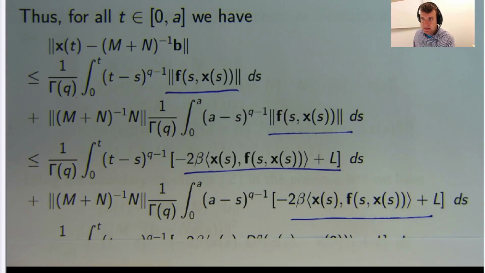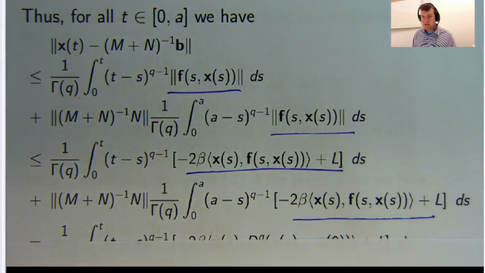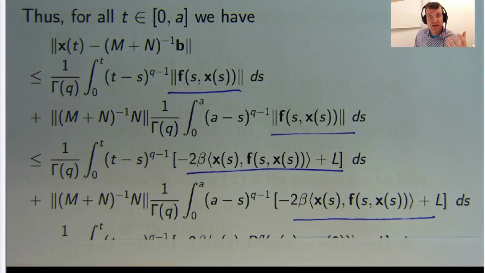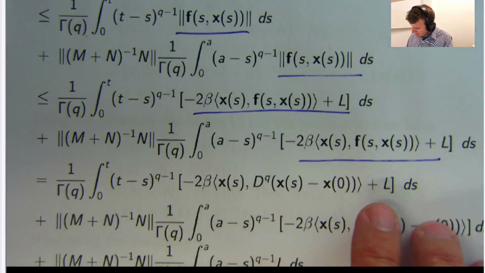Now what I'm going to do is relate this back to the derivative of something. Essentially, I'm going to have expressions where you've got the fractional integral of a derivative, and you can apply a fundamental theorem of calculus. That's a really important point here. Okay, so that's what I've done.